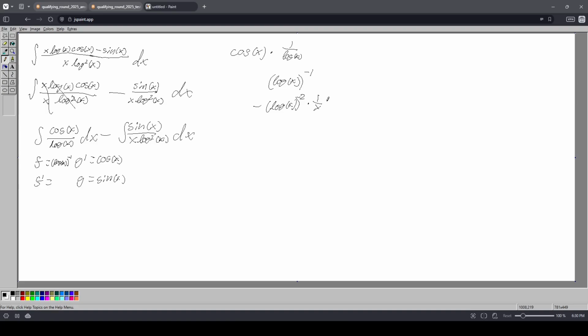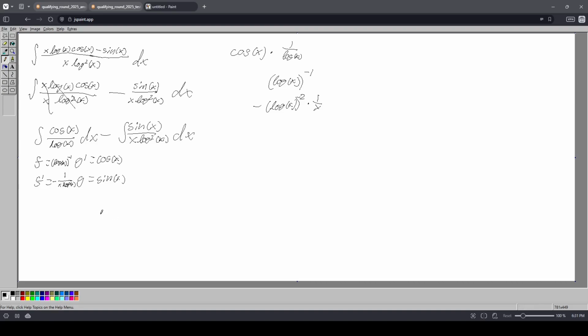So when you rewrite that, we get negative 1 over x log squared of x.